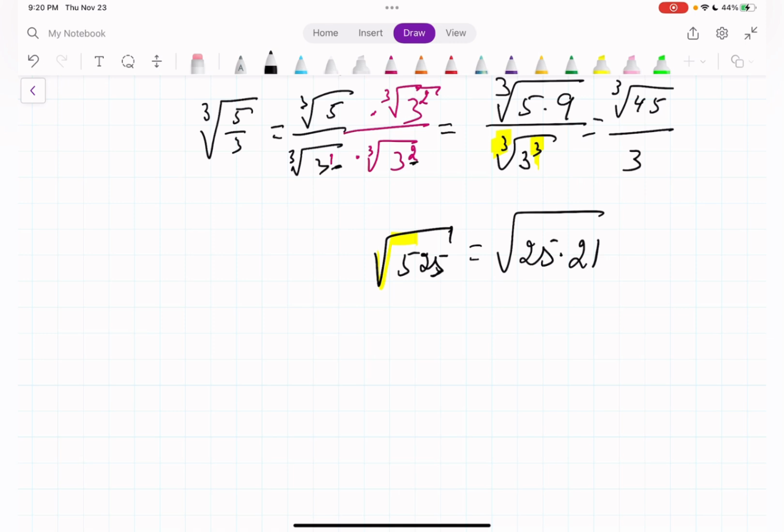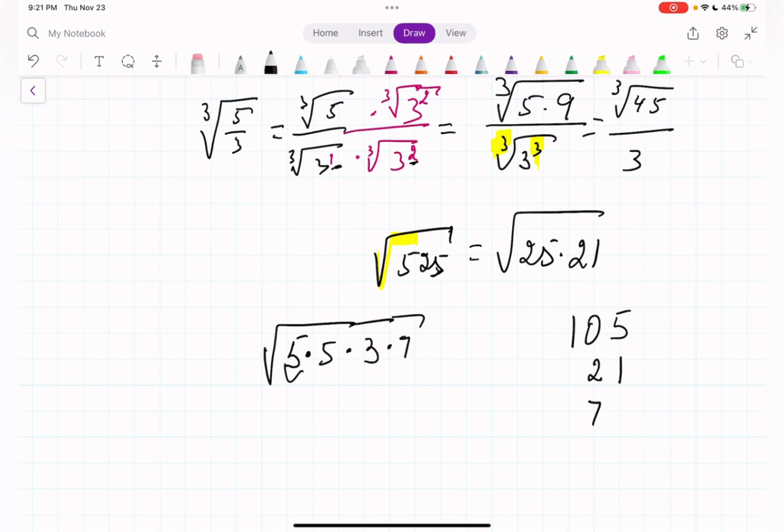So you go slow: 525 divided by 5 is 105. Next, 105 ends with 5, which means we can divide by another 5, and we get 21. 21 is divisible by 3 and 7.